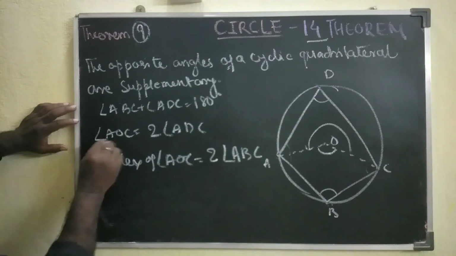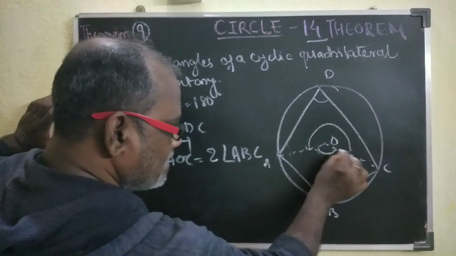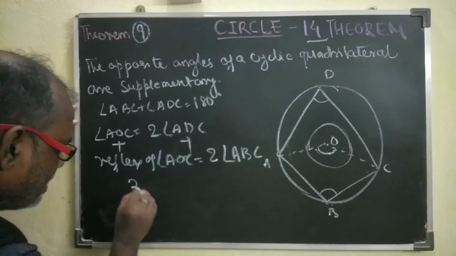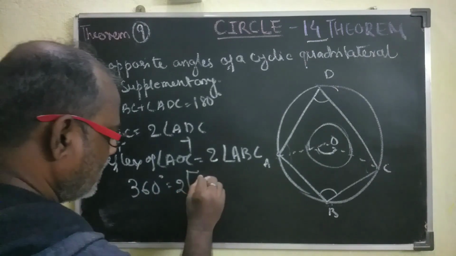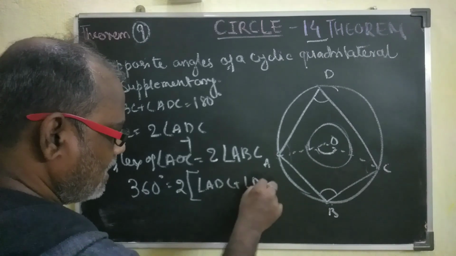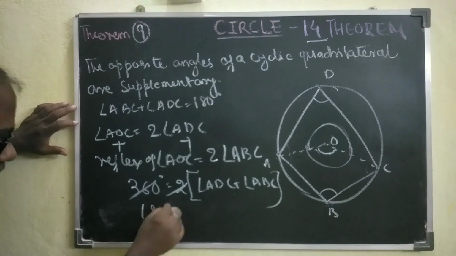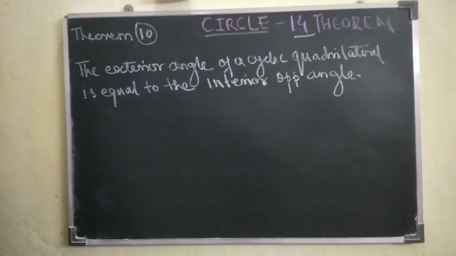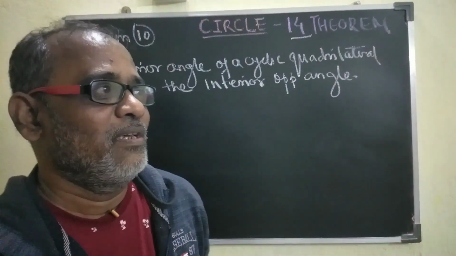Now if we add these two, this plus this becomes a whole complete angle, 360 degrees, which equals twice of angle ADC plus angle ABC. If you cut it like this, it becomes 180 degrees, by which our theorem gets proved. My dear students, I hope you are all understanding properly.